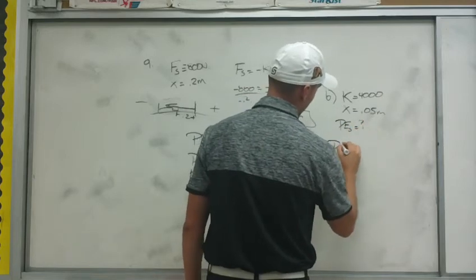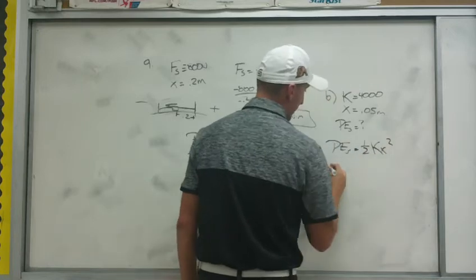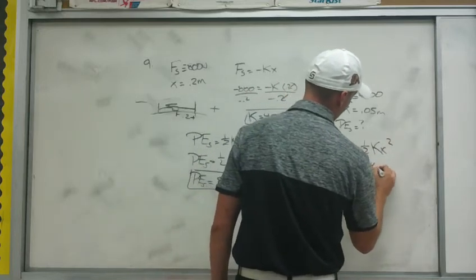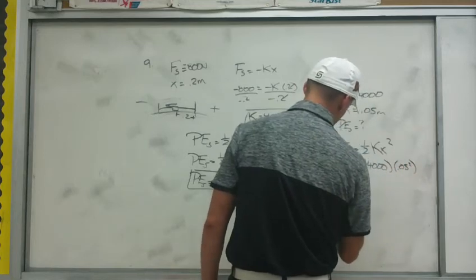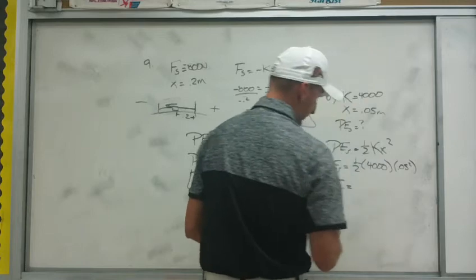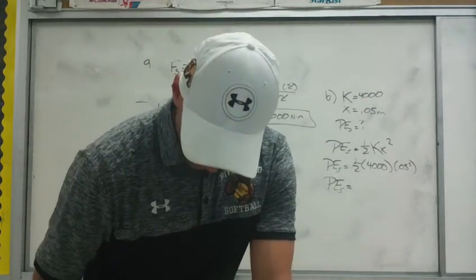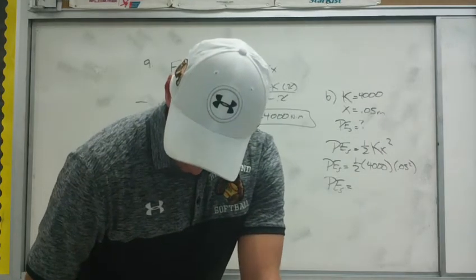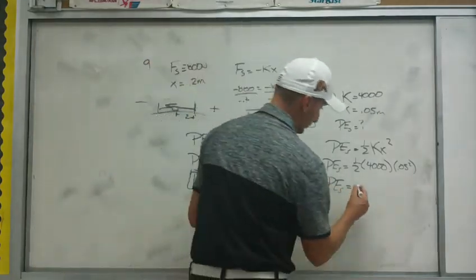So PE equals 1/2 kx squared, 1/2 times 4,000 times 0.05 squared. 0.05 squared times 4,000 times 0.5 gives me 5 joules.